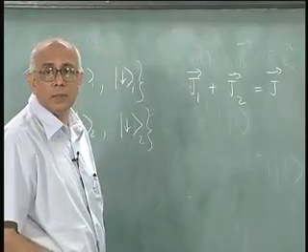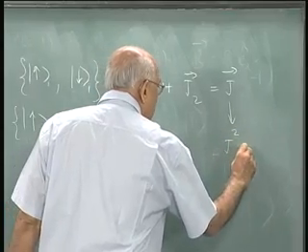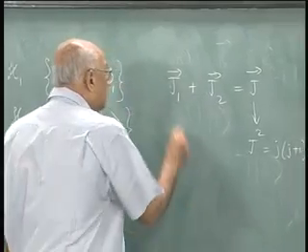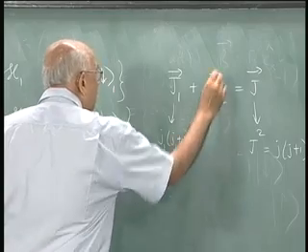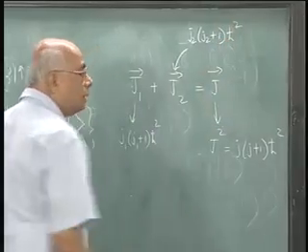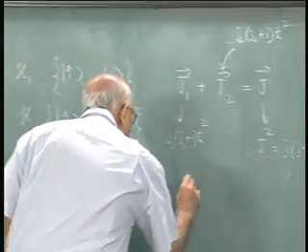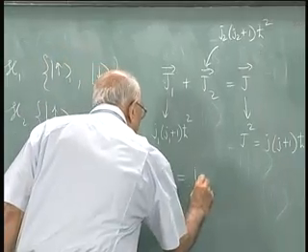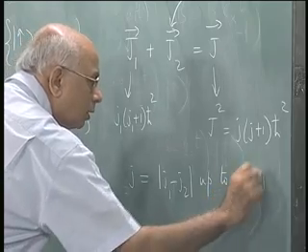But you already know the answer: if J squared has eigenvalues J times J plus 1 H cross squared, and J1 squared has eigenvalues J1 into J1 plus 1 H cross squared, and J2 squared has eigenvalues J2 into J2 plus 1 H cross squared, then the rule of addition of angular momenta tells you that little j can take on a large number of possible values, ranging from modulus J1 minus J2 up to J1 plus J2.